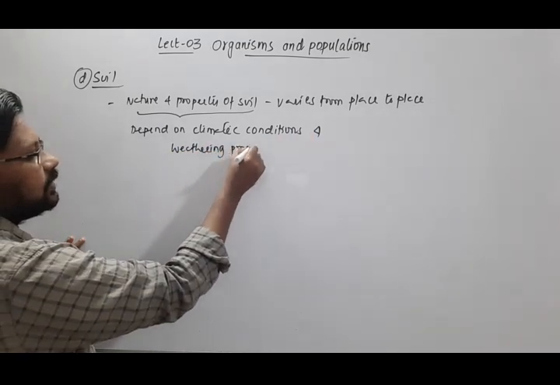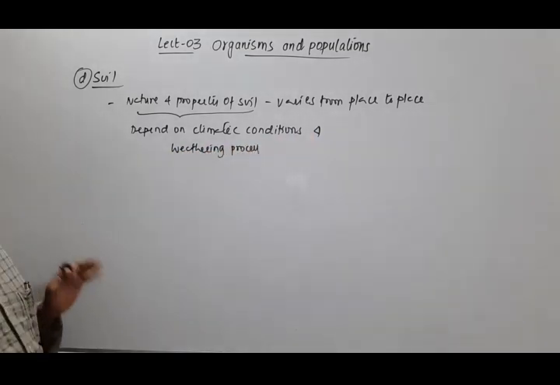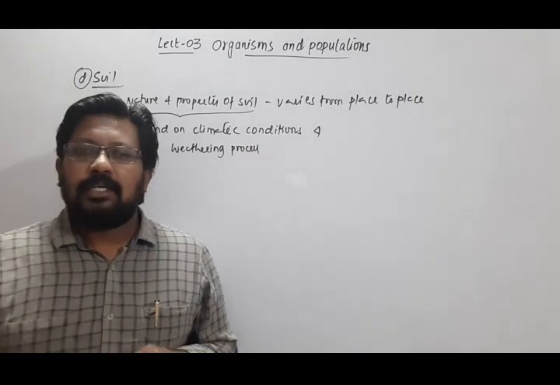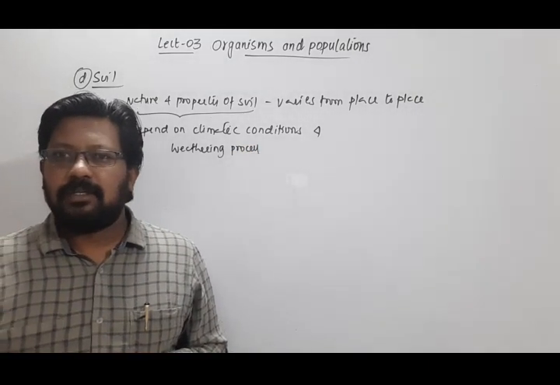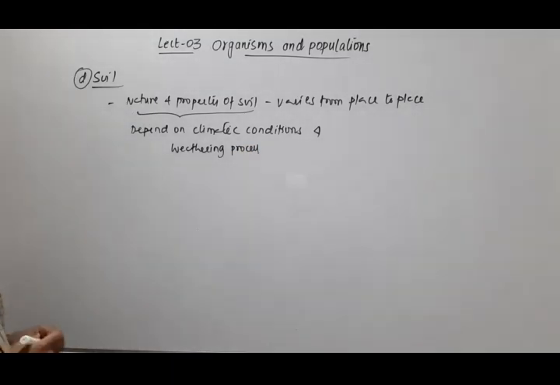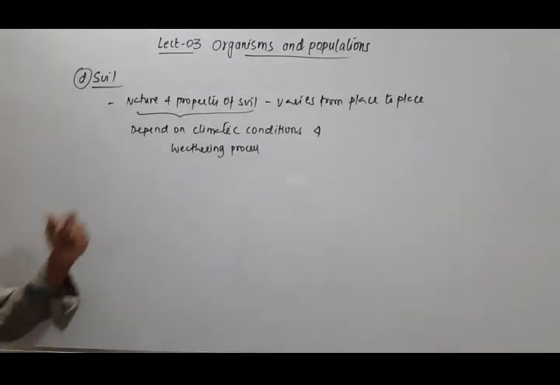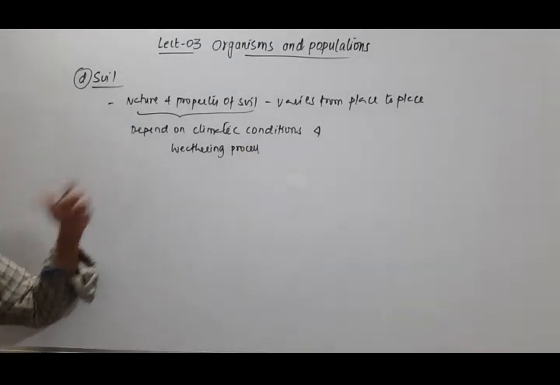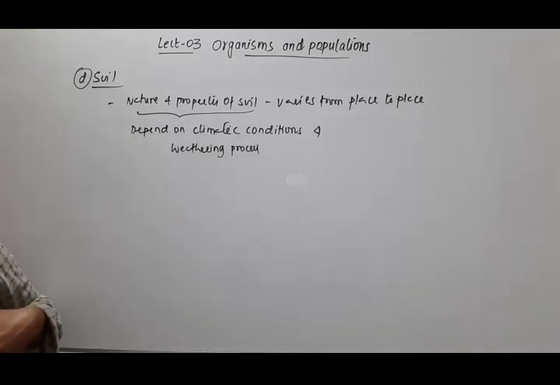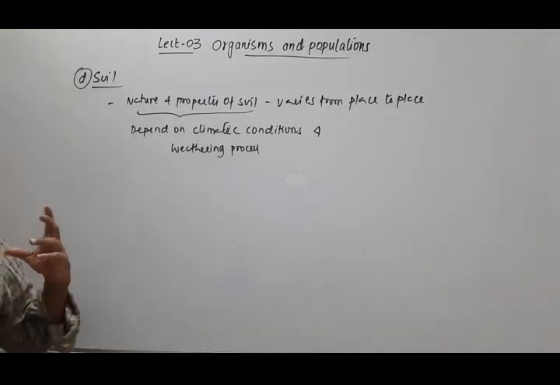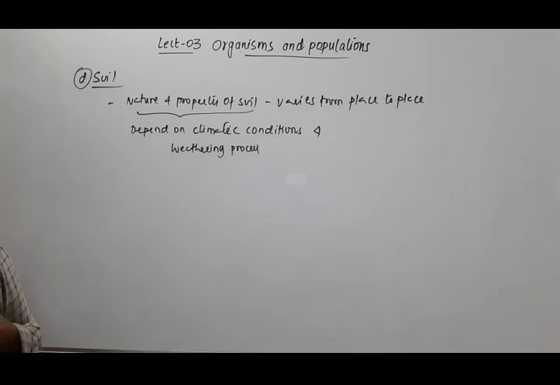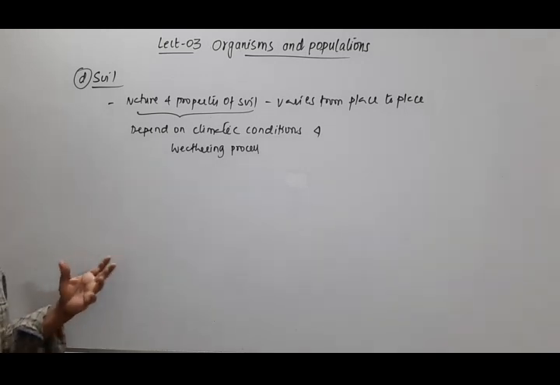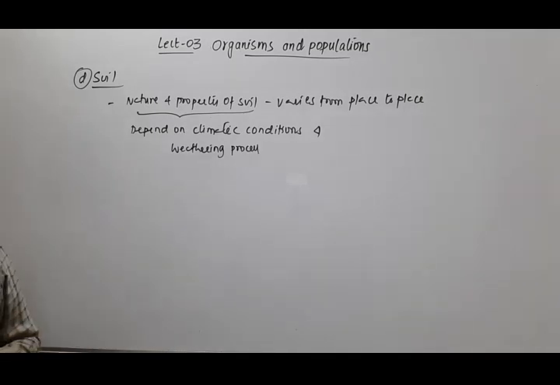Weathering process is the breakdown of rocks, and that results in the formation of soil, which takes several years. These climatic conditions and weathering process will be different from place to place. Hence, the nature and property of the soil will also be different from place to place.